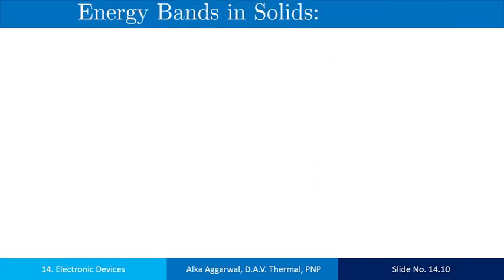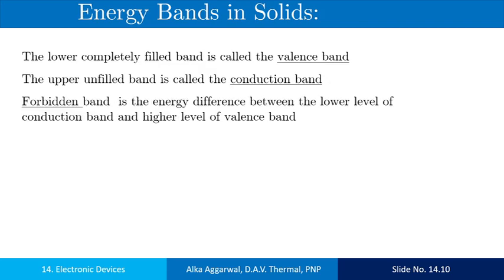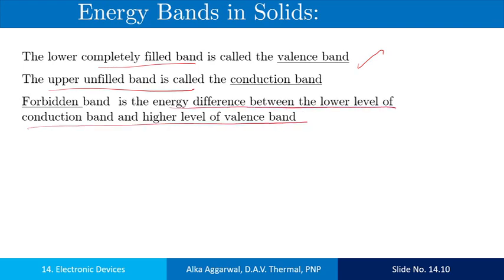The closely spaced energy levels are called energy bands. The energy bands in a solid are the valence band, conduction band, and the forbidden band. The completely filled band is the valence band, the unfilled band is called the conduction band, and the energy difference between the lower level of the conduction band and the higher level of the valence band is called the forbidden band.